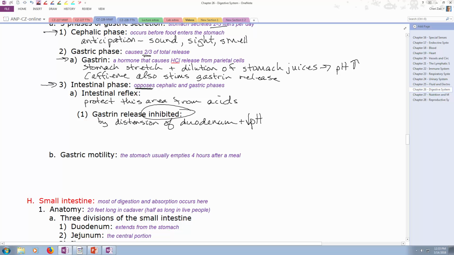So again, we have mechanoreceptors and chemoreceptors in the small intestine, just like we had them in the stomach, but they're going to cause the opposite effect. We want gastrin release inhibited, so we want to decrease gastric juice production.